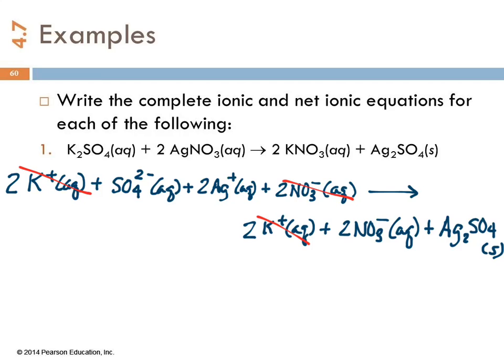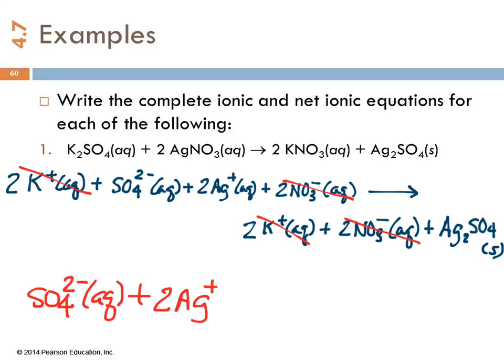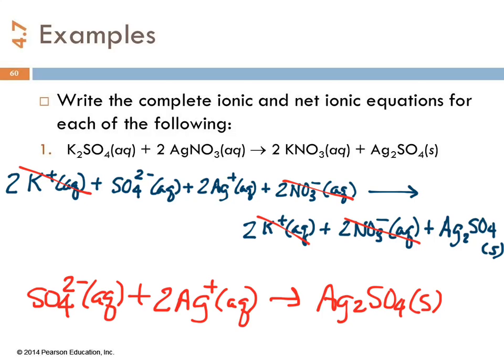Nitrate. So what's left? We'll write those things down. We've got SO4 2 minus, aqueous, plus 2 silver ions, aqueous, forming silver sulfate, a solid. That's the net ionic equation.